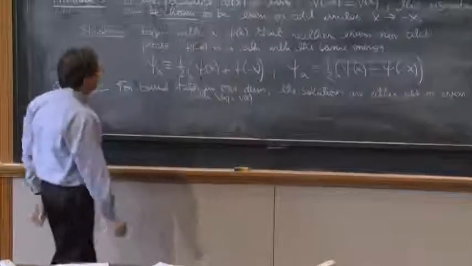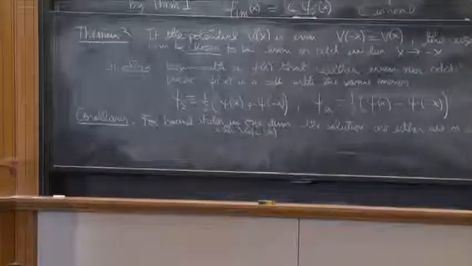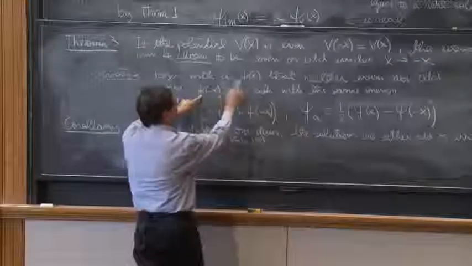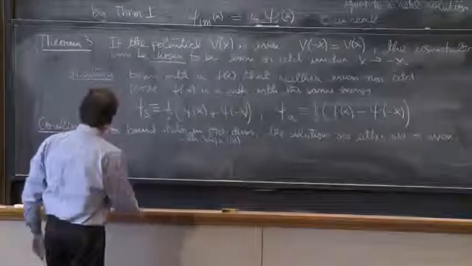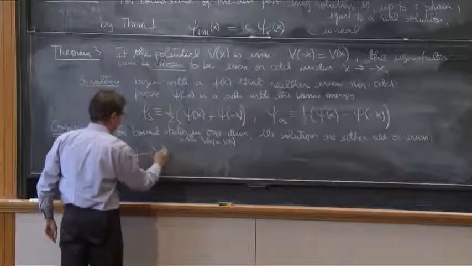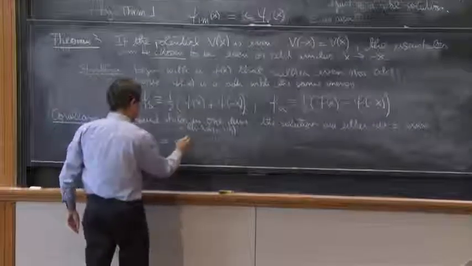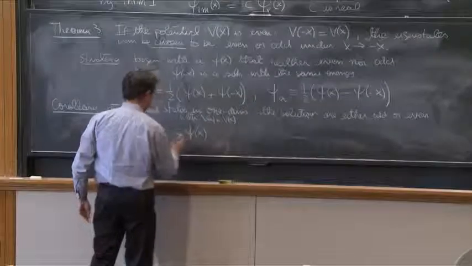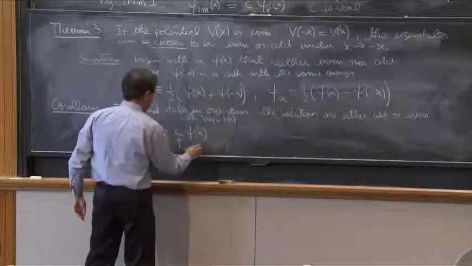Given that there's no degeneracy in one-dimensional problems, the only thing that can be happening is that psi of minus x is equal to a constant times psi of x, where this constant is real.